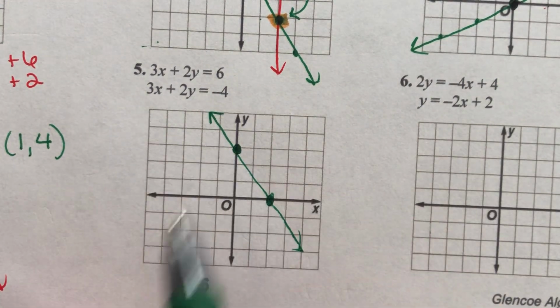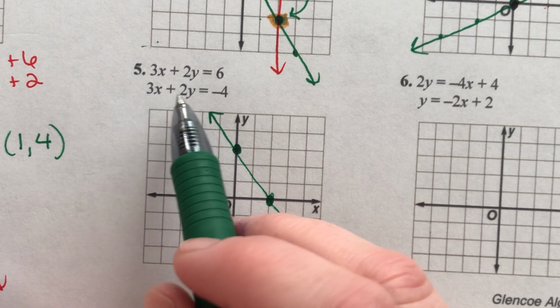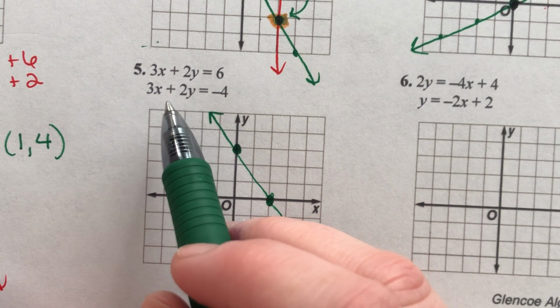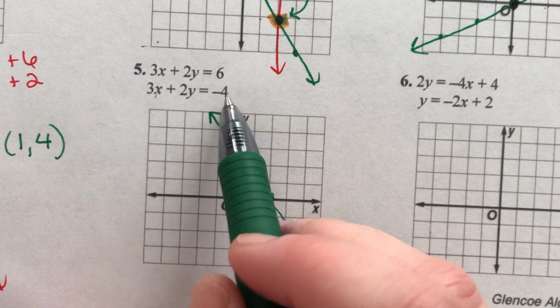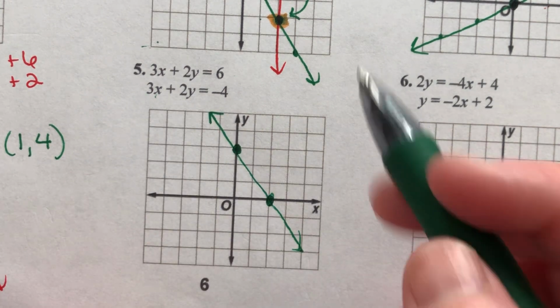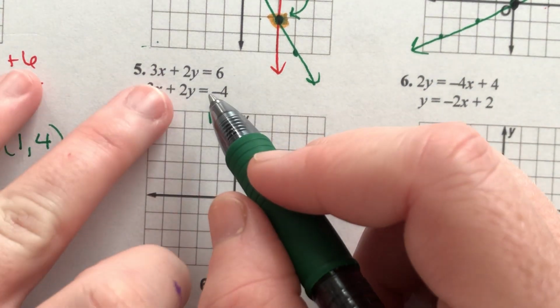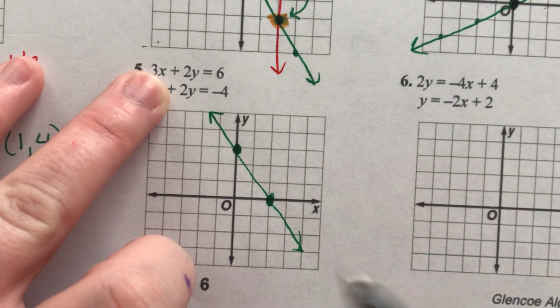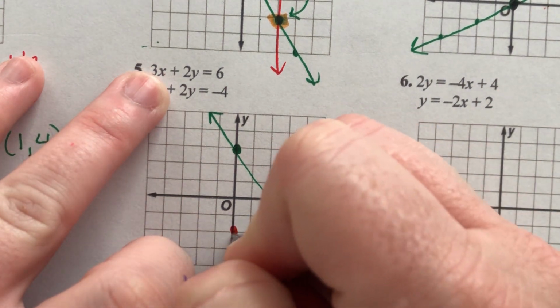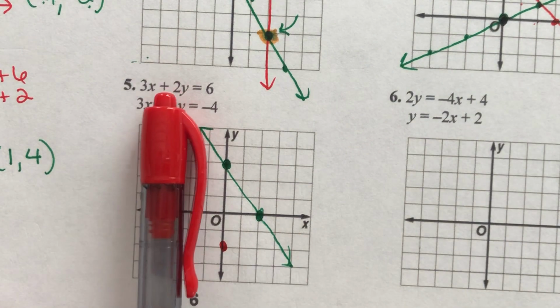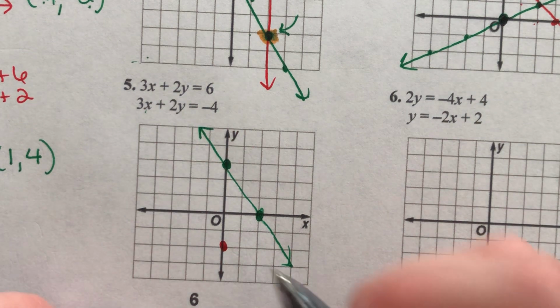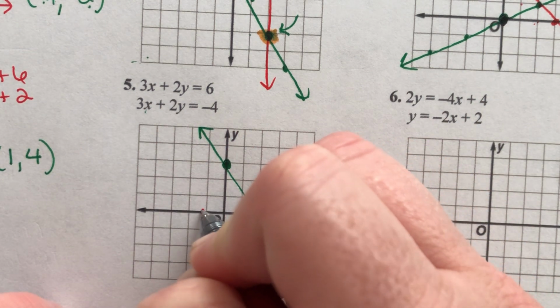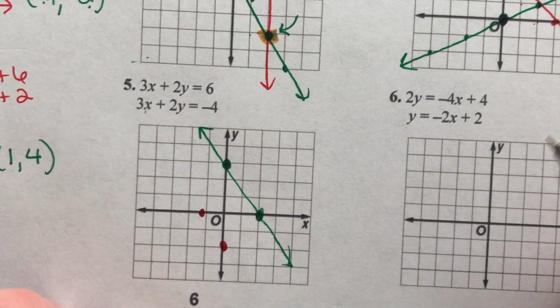Okay, over here, that one's not going to work out quite as well for me because 3 doesn't divide into 4, but that's okay. The y-intercept, if I cover up x, is -2, in red. The x-intercept, if I cover up y, 3x equals -4, so x equals -1 1/3. -1 1/3 right here, I guess.